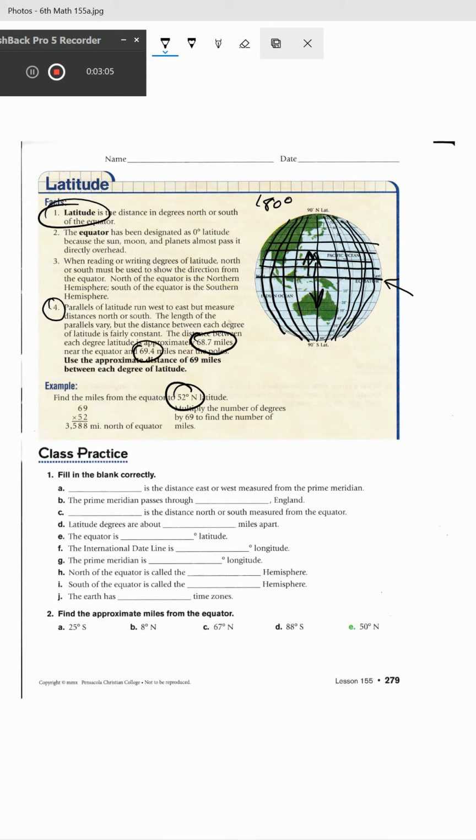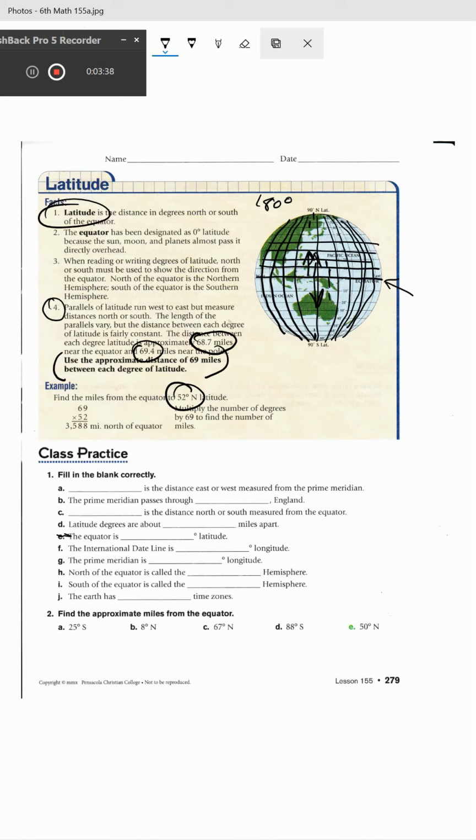So they're just saying the distance between the lines of latitude closer to the equator are about 68.7 miles apart. Once they get up near the poles, they get to be 69.4 miles apart. So they use this measure right here. Use the approximate distance of 69 miles between each. And what they've done is they've just averaged out those two.